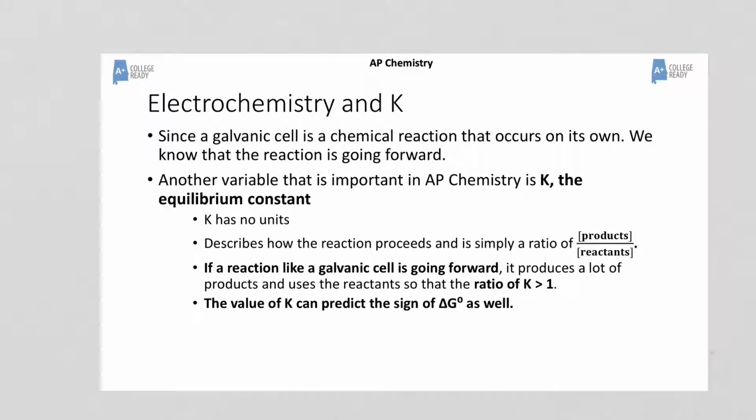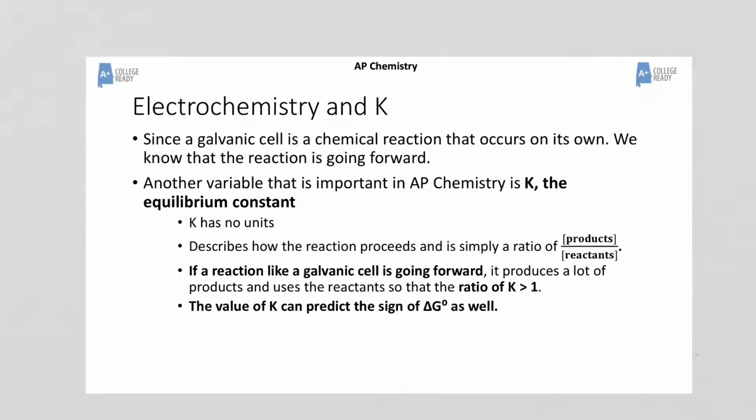K actually has no units, which I know is super unusual because you're used to having to worry about those, but K really describes how the reaction proceeds and is this ratio of products over reactants. Now I know we've seen this before and we called it Q. And again, the products and the reactants both are raised to the coefficient in the balanced chemical equation. So both of these could be raised to a value based on coefficients.